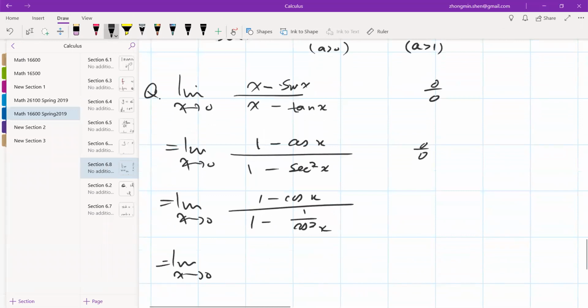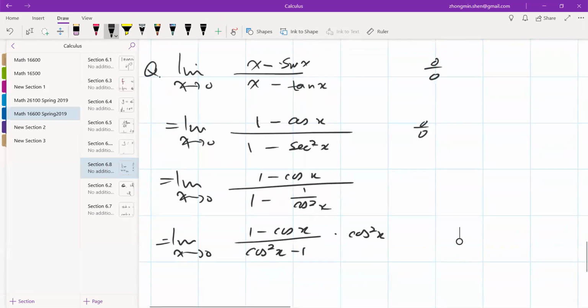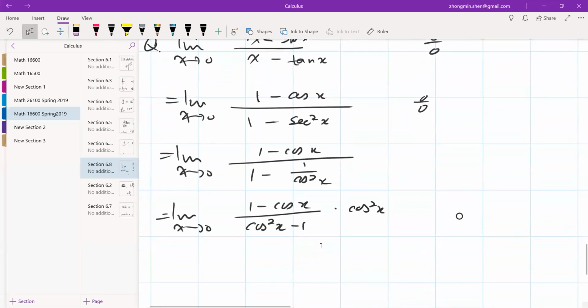How do you simplify? It is going to be cosine squared x times 1 minus cosine x, over cosine squared x minus 1. I know the limit of cosine squared x is going to be 1. So how about 1 minus cosine x? That has a negative sign.